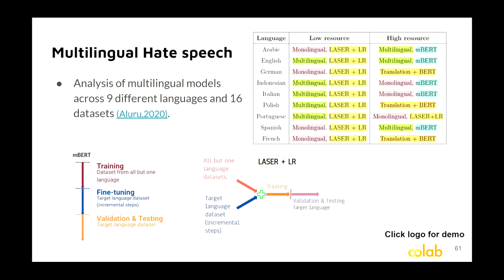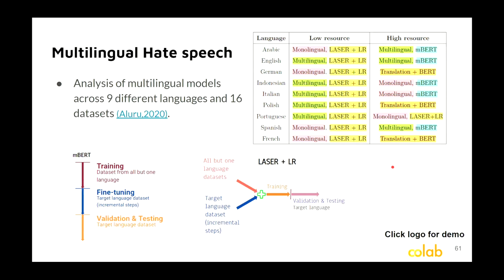Most of these previous works are based on a monolingual setting, and there was a lack of analysis of multilingual models across different languages and datasets. So this study in 2020 analyzed 9 different languages and 16 datasets with different models, as shown in the table here.